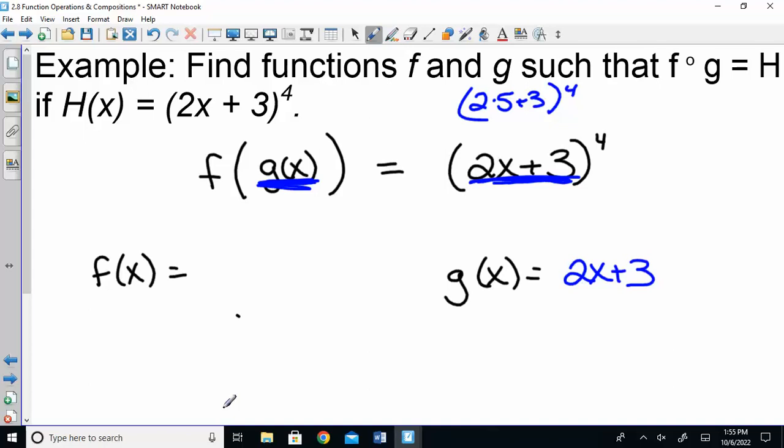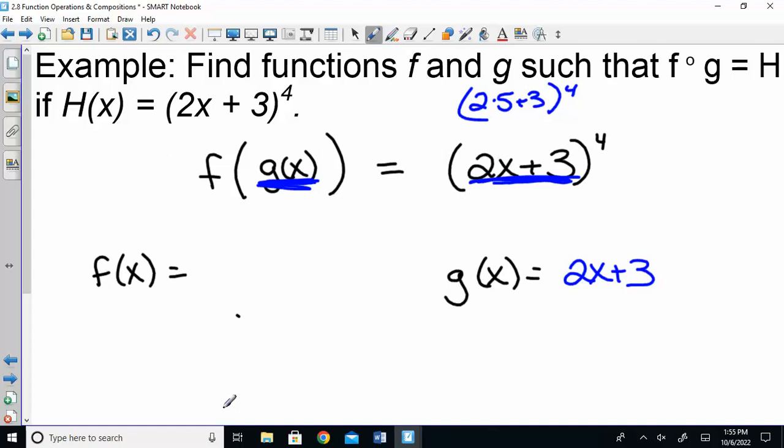All right, so let's think about this. When we do a composition, if I say f of x is x plus 1 and g of x is 4x, and I asked you to do f composed with g, you replace your g with the 4x, and then you go to the function f and you replace your x with that number, right?